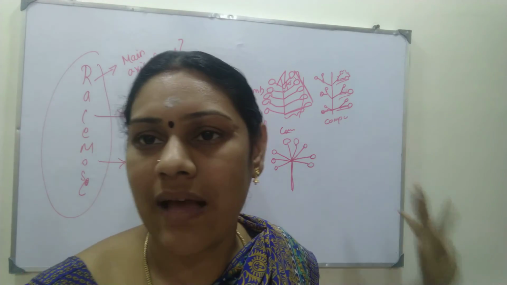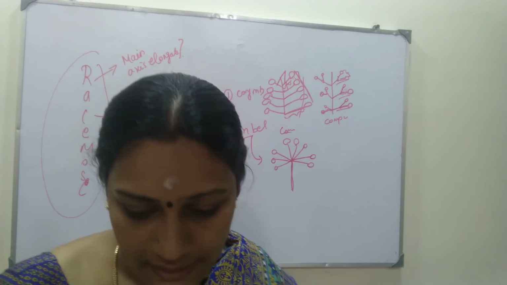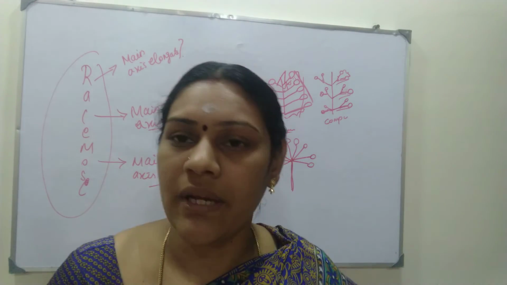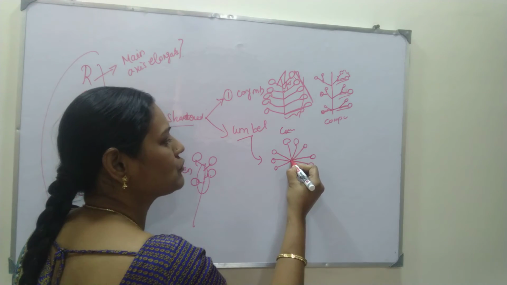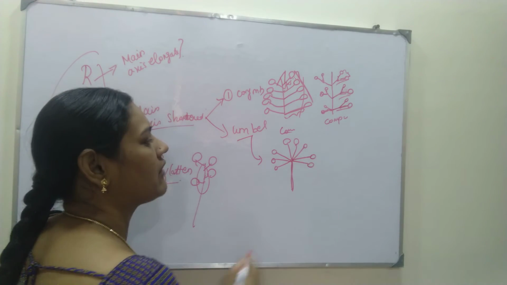This umbel always has indeterminate growth. This growth actually takes place at the tip of the stem, at the apex of the flower or the inflorescence.